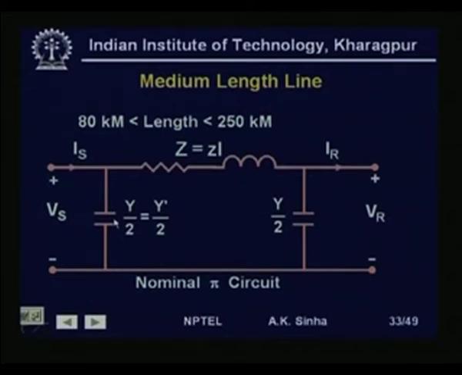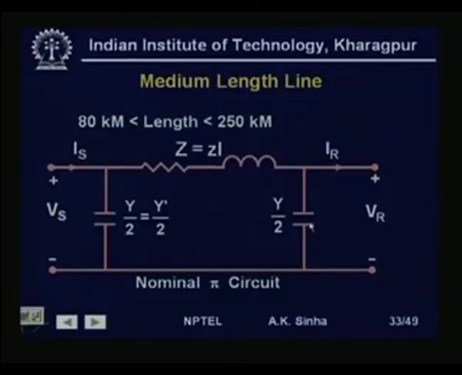Here, normally we use a pi model, where we lump the total series impedance into a single series impedance for the whole length of the line, and we also lump all the capacitance of the line. That is, if we have calculated the capacitance per unit length, we multiply it by the total length, and then we get the total charging capacitance of the line.